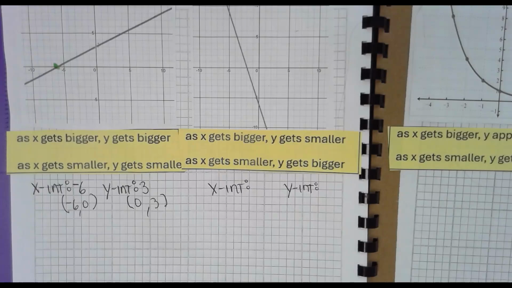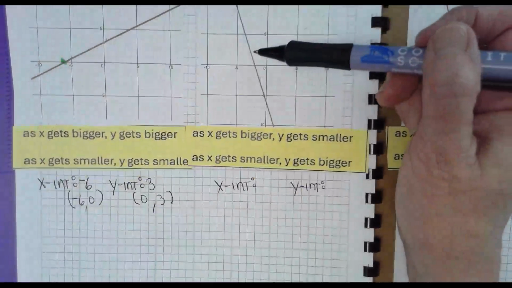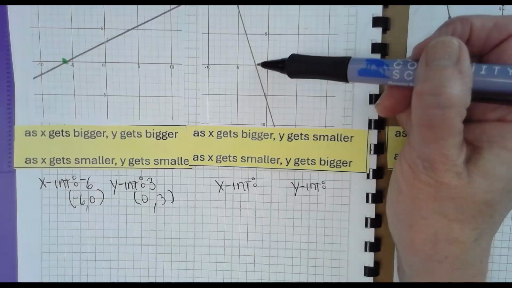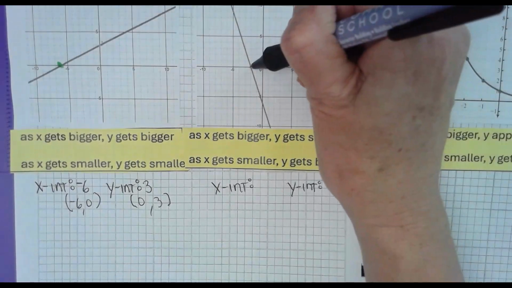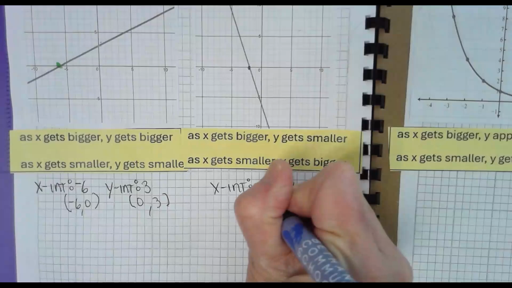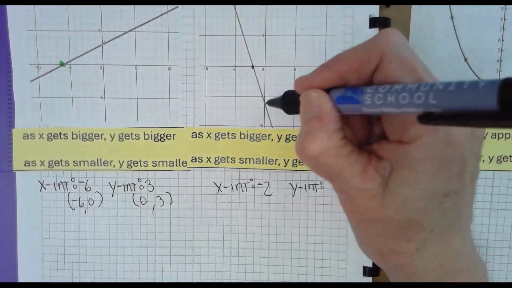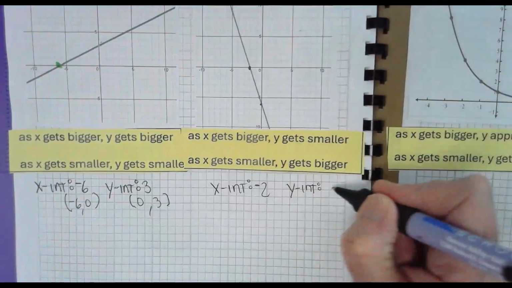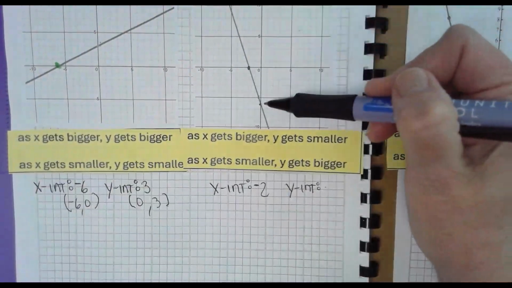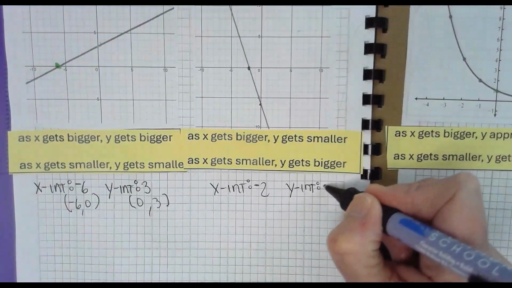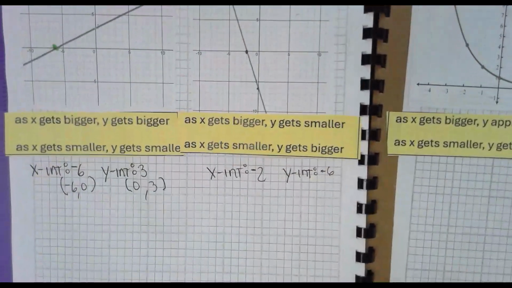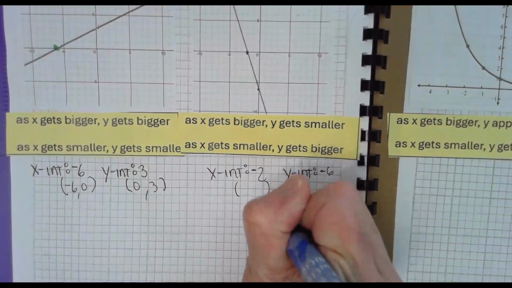Okay, so let's go to this little guy here. My x-intercept is right there. It's at -2. My y-intercept is right here. It's at -6. Is that -6? Okay. How do I write my x-intercept as an ordered pair?